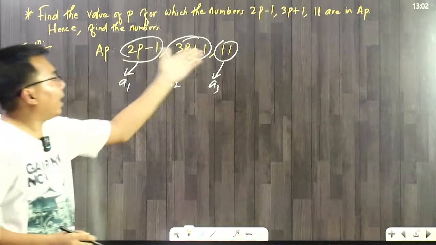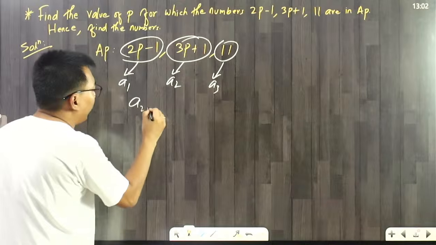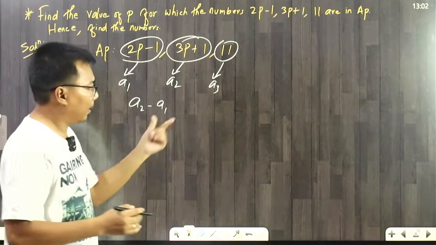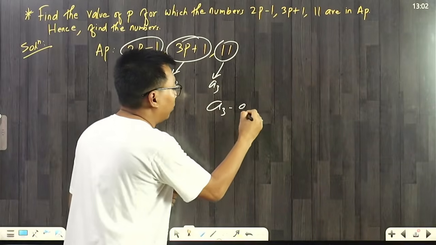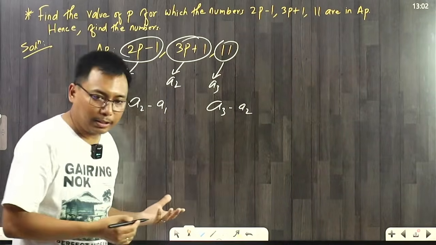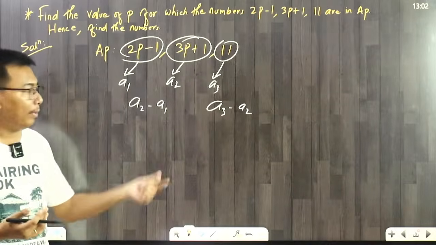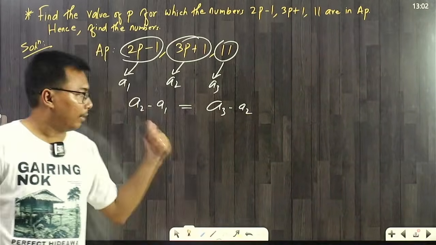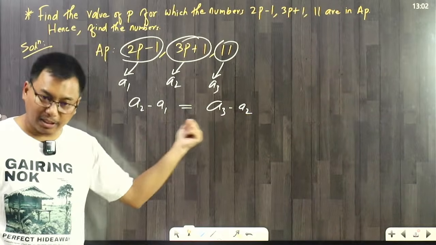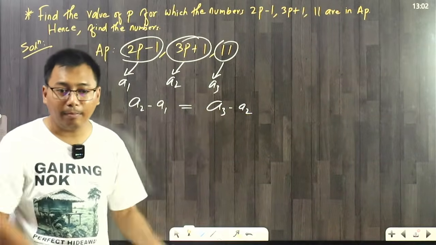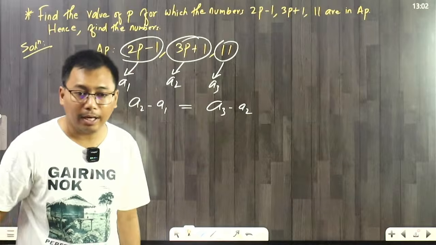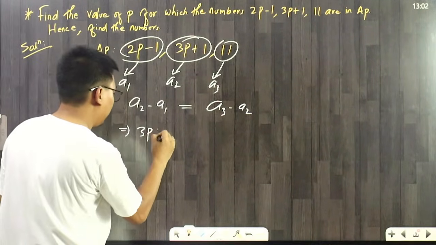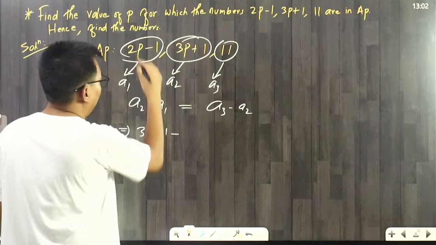Now, if these are in AP, A2 minus A1 gives a difference, and A3 minus A2 gives a difference. Since this is an AP, their common difference will be the same. So A2 is 3P plus 1 minus A1, which is 2P minus 1.